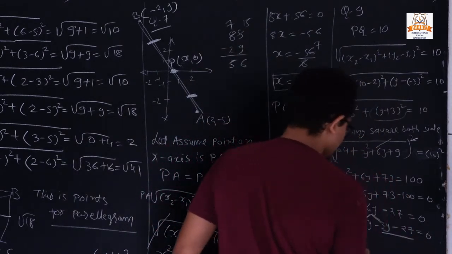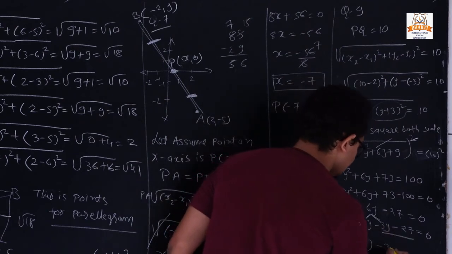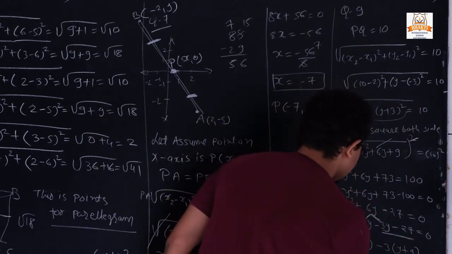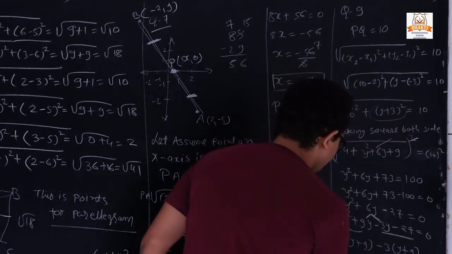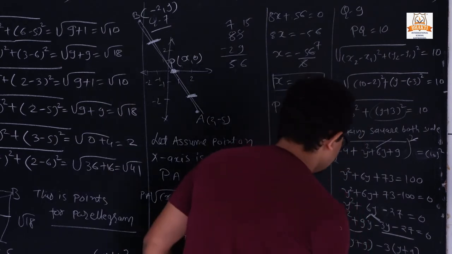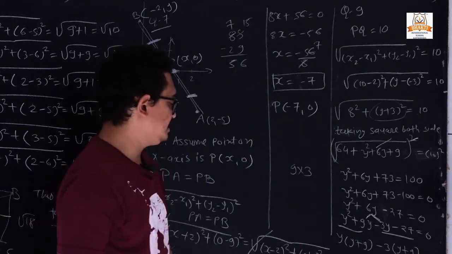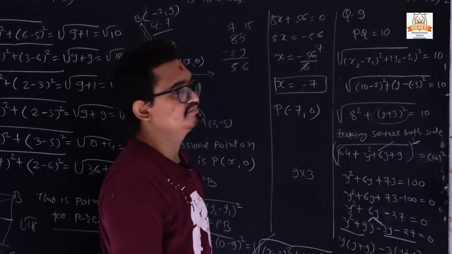Now see both brackets, we can take y as a common term, and minus 3, so y plus 9. So one bracket is y plus 9 and the second is y minus 3. So y is equal to minus 9, or what is the other value of y? y is equal to 3. So we have two values for y. Either y is equal to minus 9 or y is equal to 3.